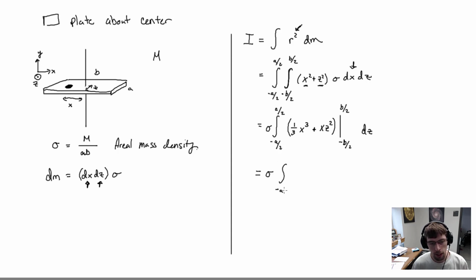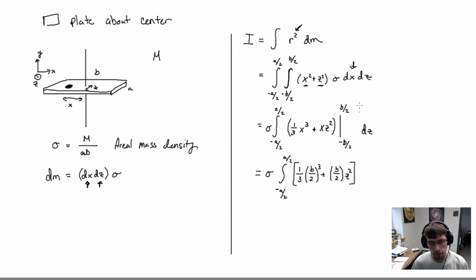So we have negative a over 2 to a over 2, 1/3 times b over 2 cubed plus b over 2 times z squared.